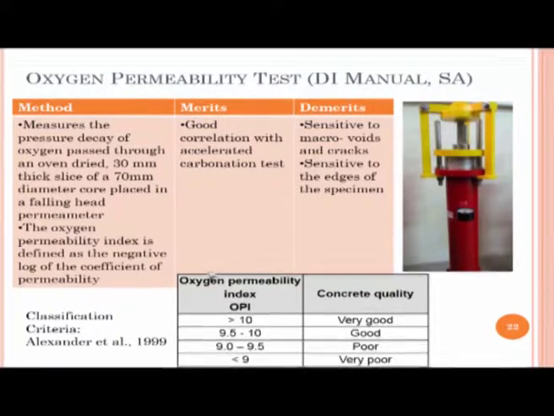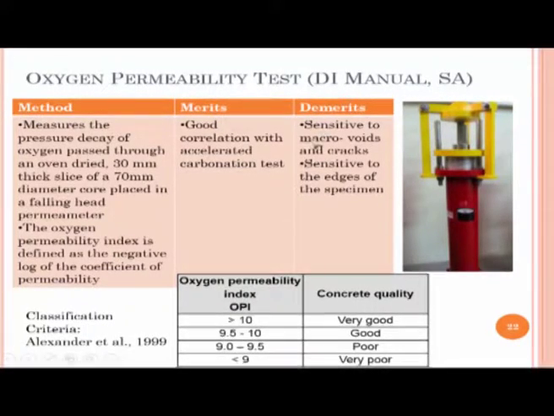But what you do is you take a core through the concrete, you make slices 30 millimeters thick and use those slices for these tests, okay. So slices 30 millimeters thick are used for the oxygen permeability index test. The detailed procedure is given in the manual, and I have also attached a copy of that inside the lecture notes that have been uploaded on your course pack.